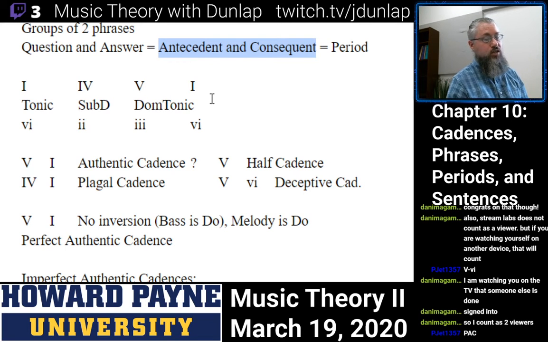There's another question. There's another half cadence. So where do we go from there? That's totally a perfect authentic because we're in root position and our melody is on scale degree 1.